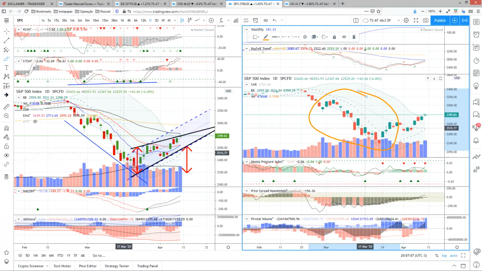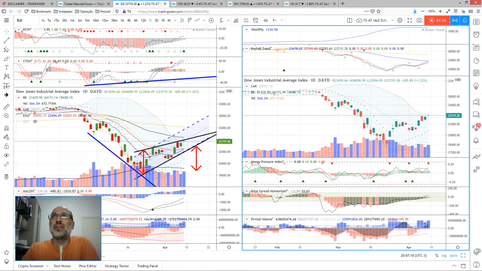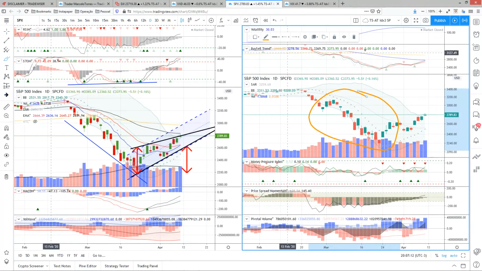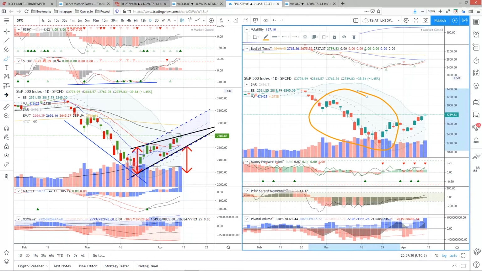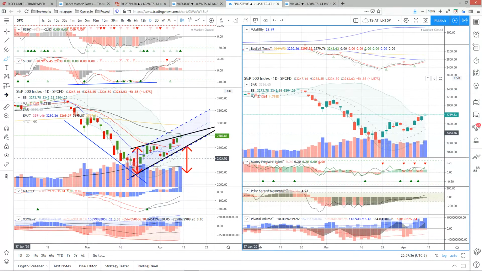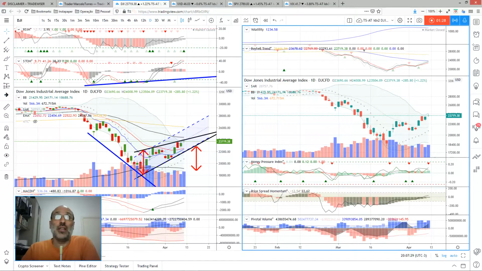On the move, we have less space in the S&P than we do on the Dow Jones. All right. Okay then. So even though it looks like we have the same chart, it is not.